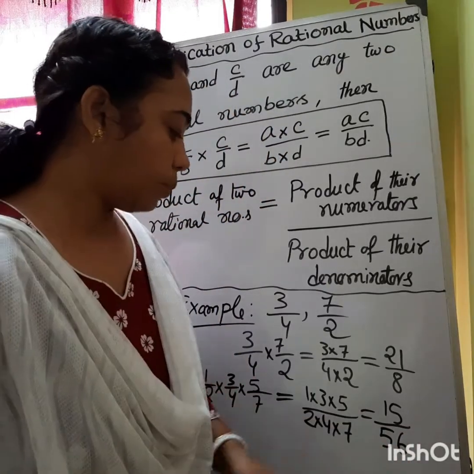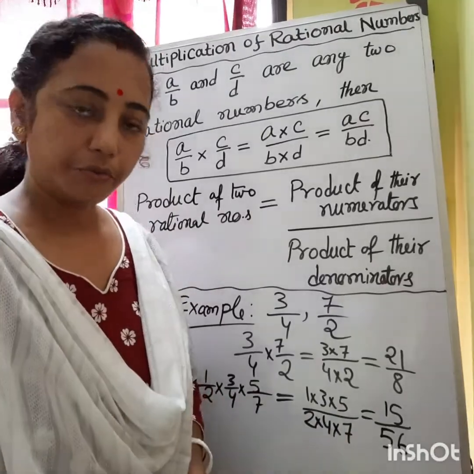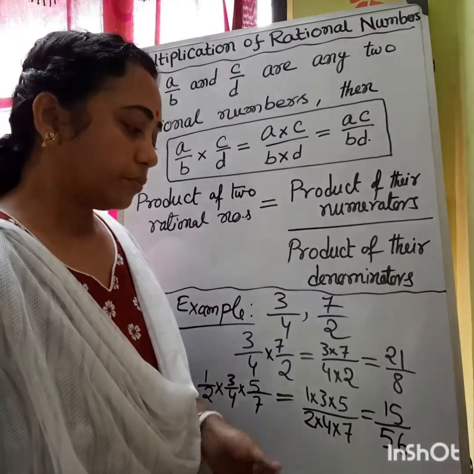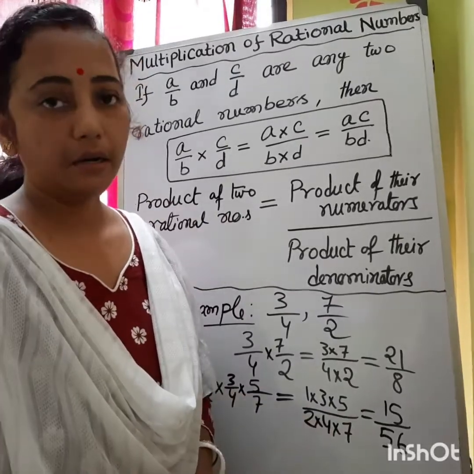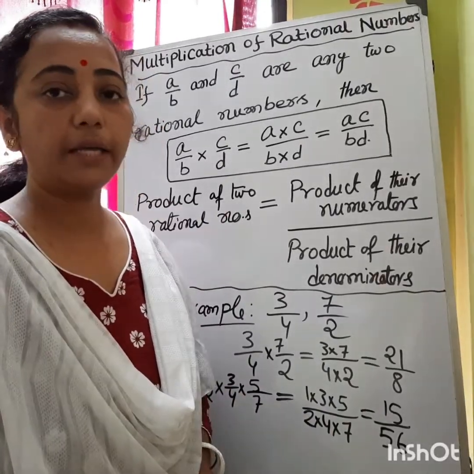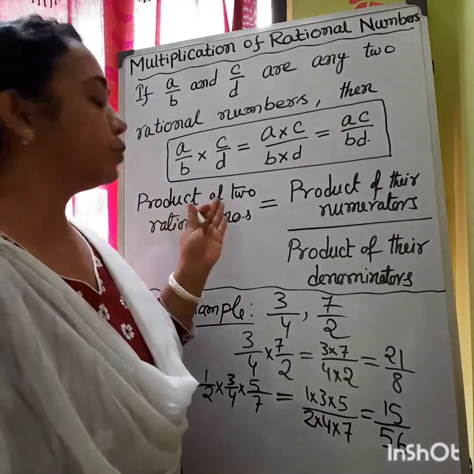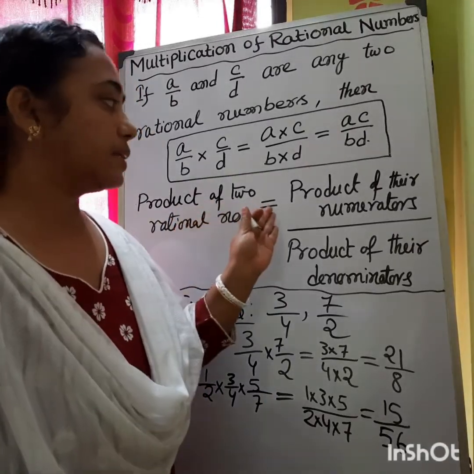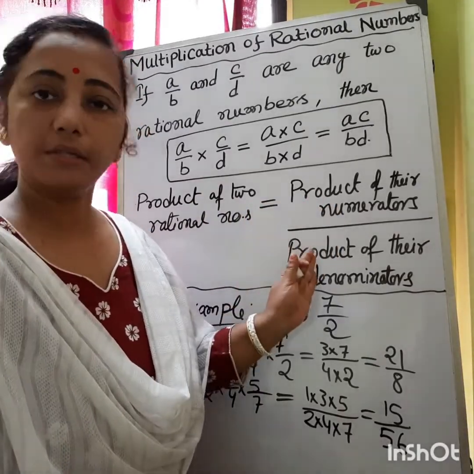Now they have no common factor, so we can just write it as 15 by 56. So the product of three rational numbers is again a rational number, that is 15 by 56. So we can define here that the product of two or more rational numbers is equal to the product of their numerators by the product of their denominators.